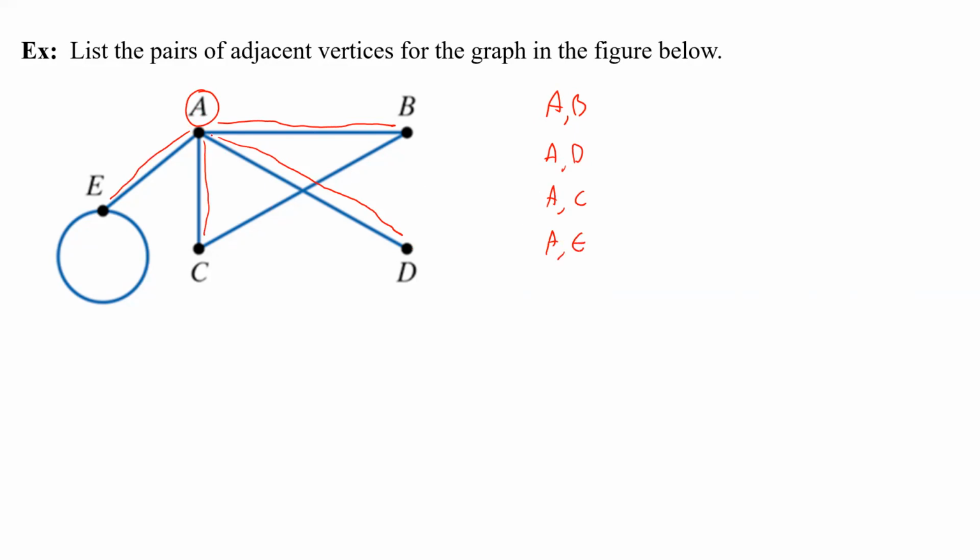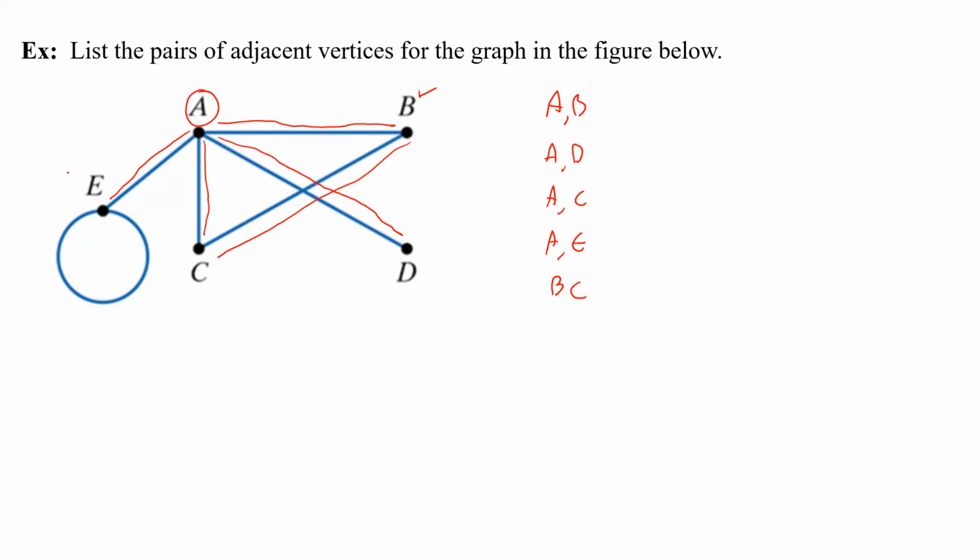Now, we've taken up all the A's, so now let's go over to B. We're not going to repeat B to A because we've already got that one, but we can go B to C. So then we'll have another one, and that's all we have here. D is taken care of, and C is taken care of, so we don't have to worry about them.